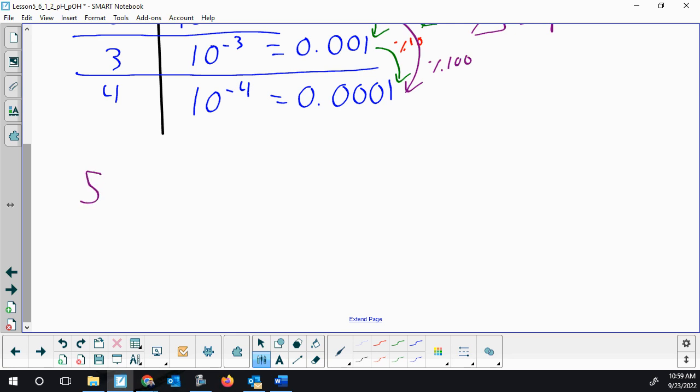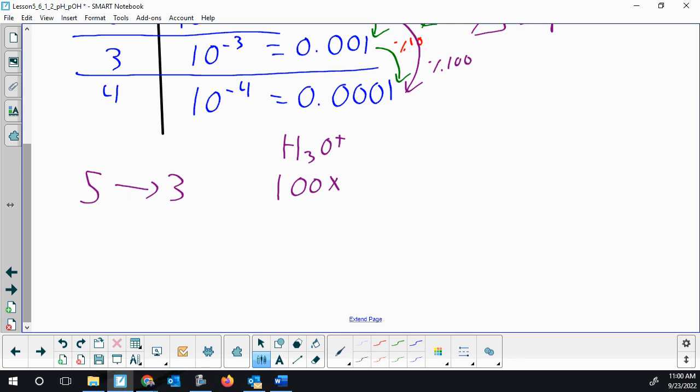So you could be asked on a test, what's going on in a pH change of 5 to 3 in terms of hydronium? What is hydronium doing? So your first realization would be 5 to 3 is 2 units. So the hydronium ion concentration, if it's 2 units, is a 10 times 10, 10 times for each.